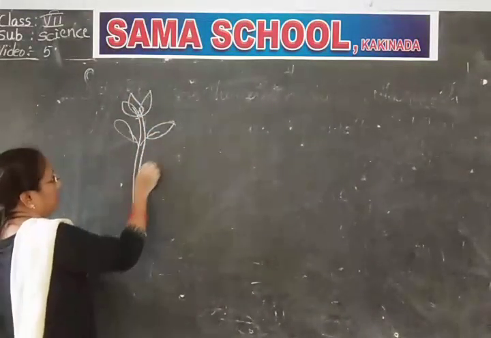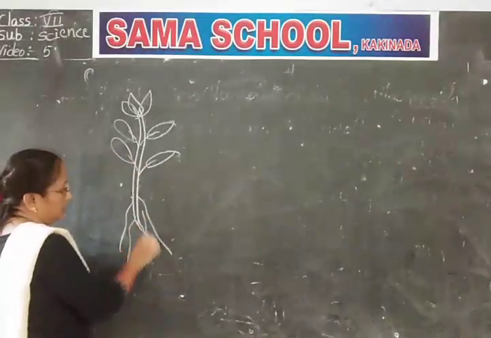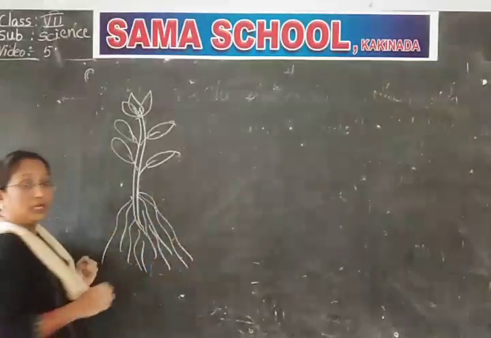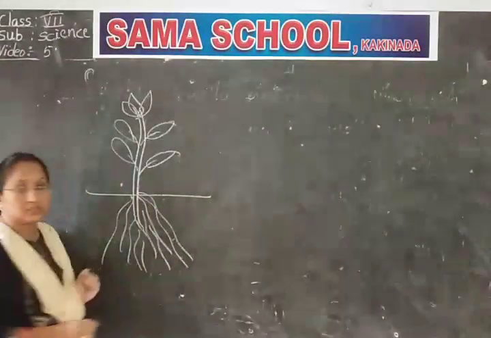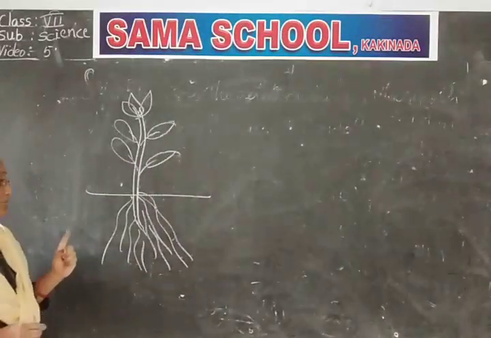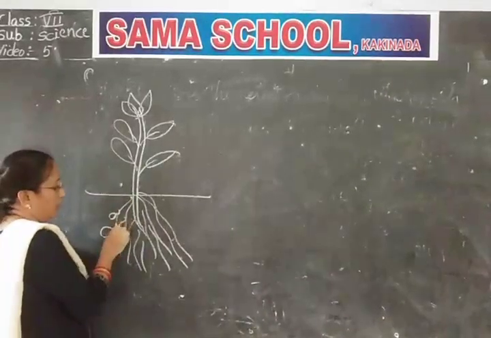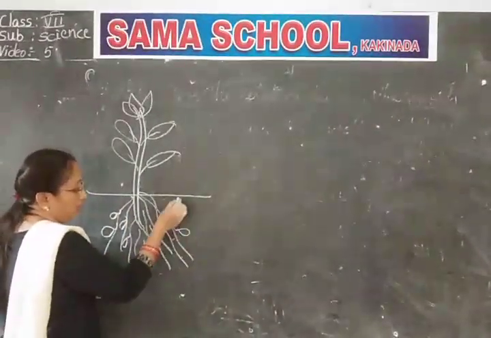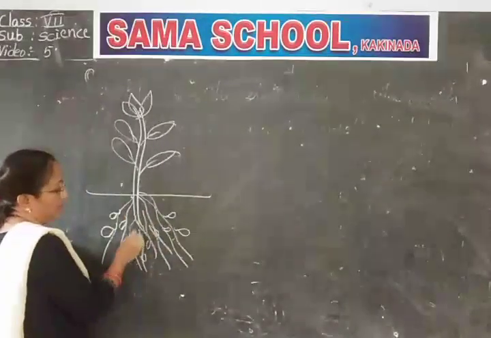The rough plant is not important. See, this is the pea plant. If you observe the roots, the roots will have some nodule-like structure in the pea plant family.